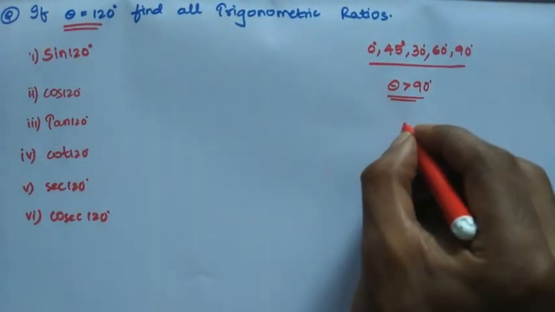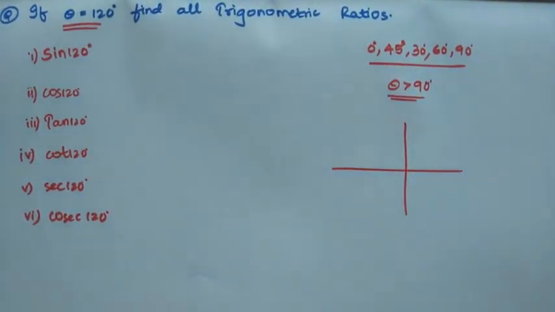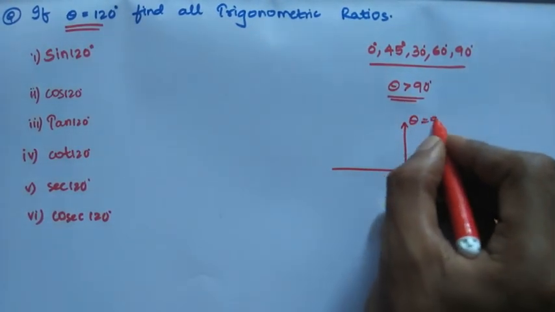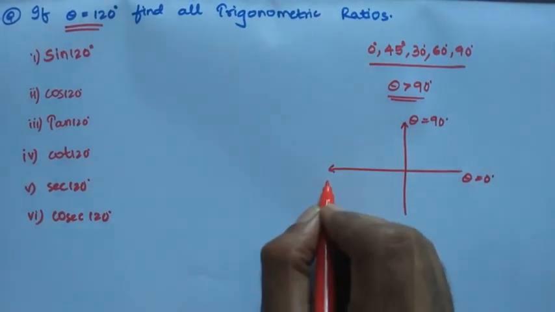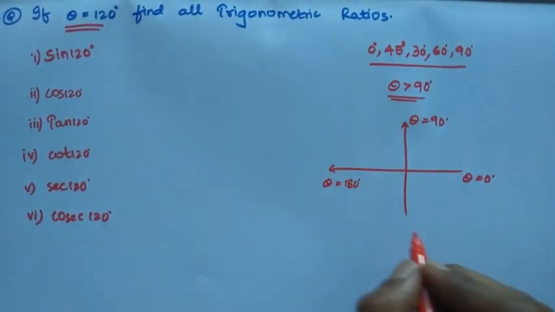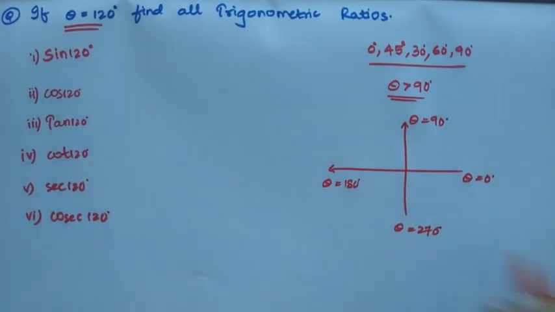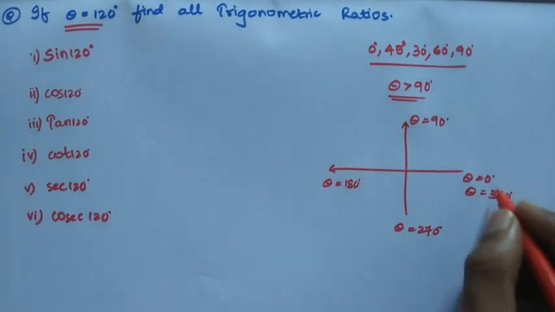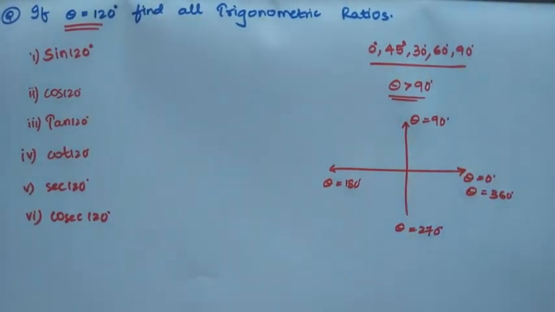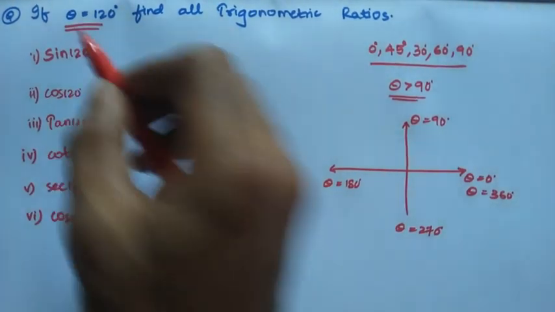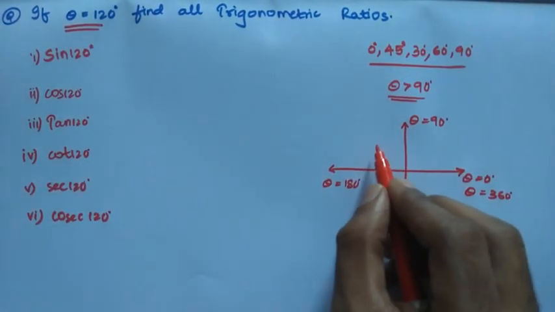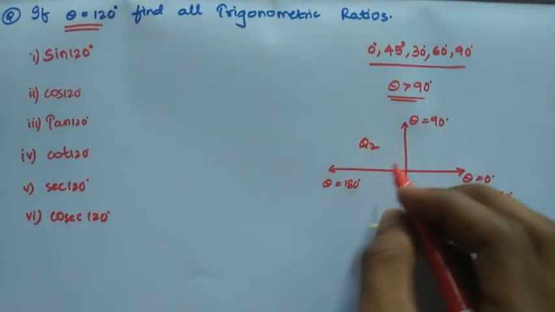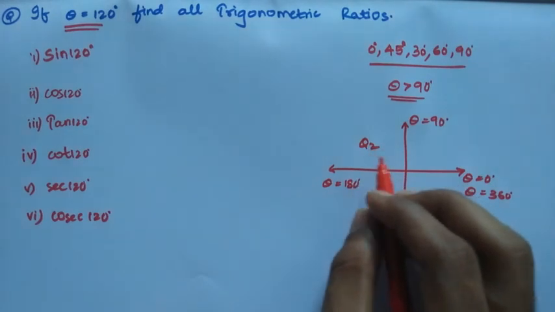According to that, there will be four quadrants. This is theta equal to 0 degrees, this is theta equal to 90 degrees, here it is 180, it is 270 degrees, and here it is 360 degrees. Both 0 and 360 mean the same. Given that theta is 120 degrees, it lies in quadrant number 2. In quadrant number 2, what trigonometric ratios will be positive?